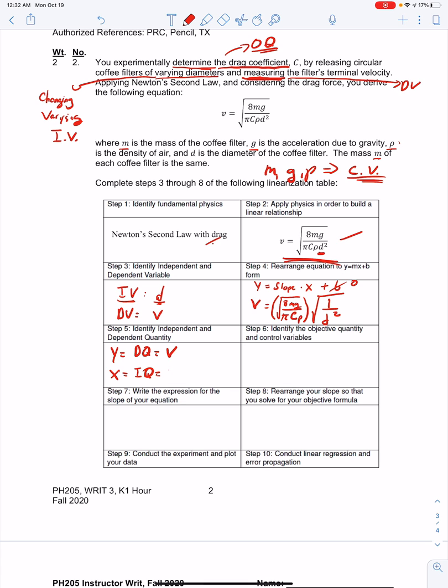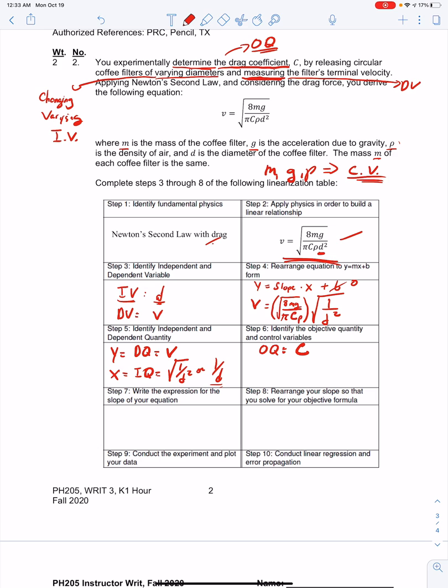It is the square root of 1 over d squared, or 1 over d. Because remember, the square root of d squared is d. Done. Now, for your objective quantity, we already said this, it is the thing that you're trying to determine, and that is c. And it is always included. Your objective quantity is always included in your slope, okay?